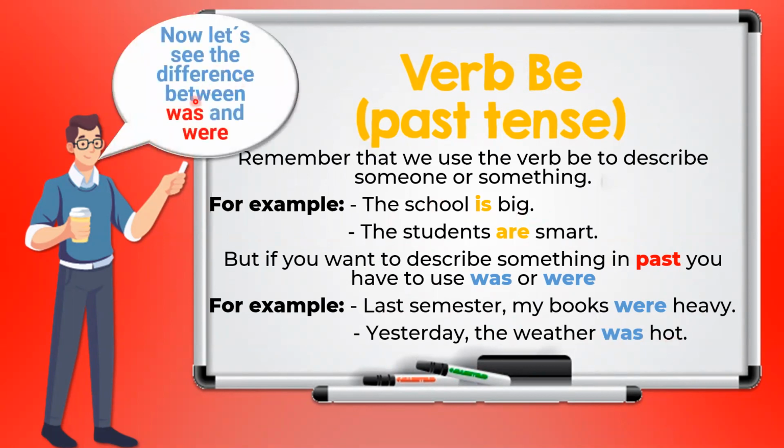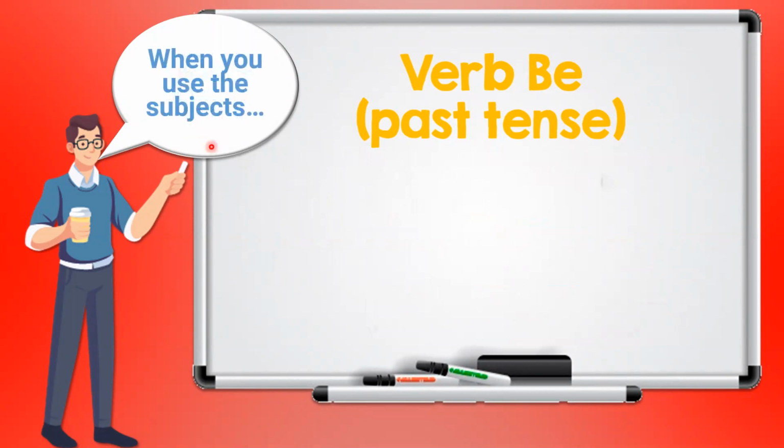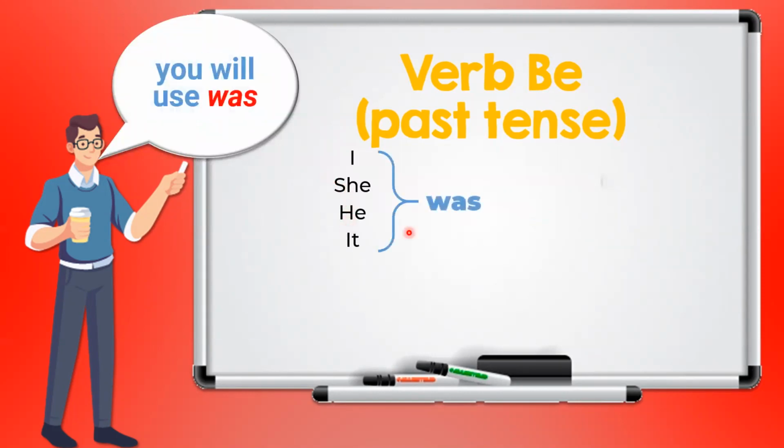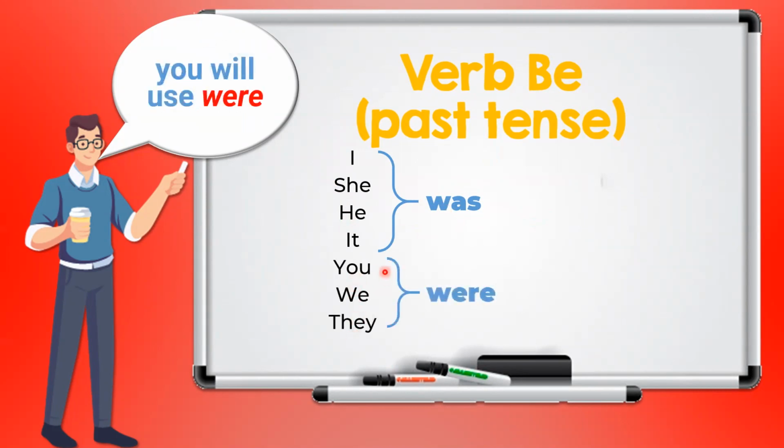Now let's see the difference between was and were. When you use the subjects I, she, he, it, you will use was. But when you use the subjects you, we, they, you will use were.